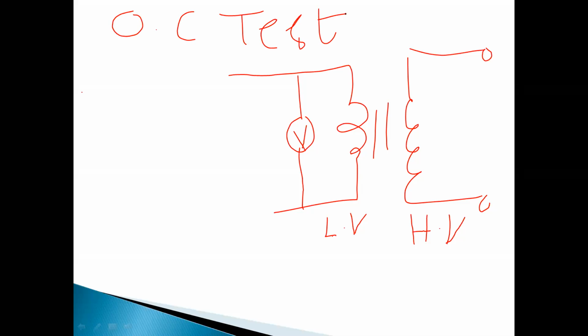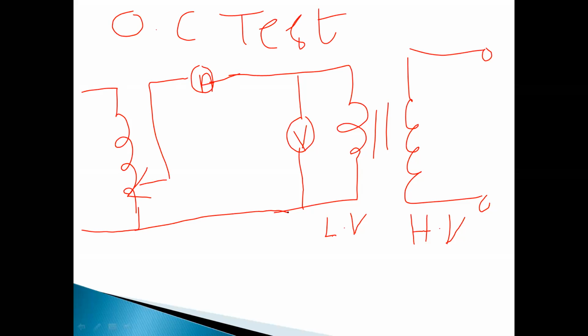In the OC test, we have an auto transformer having a single winding. That means we have a variable supply. We have an ammeter to measure the current. In any test, OC test or SC test, we have three meters: ammeter, voltmeter, and wattmeter. This is the wattmeter.